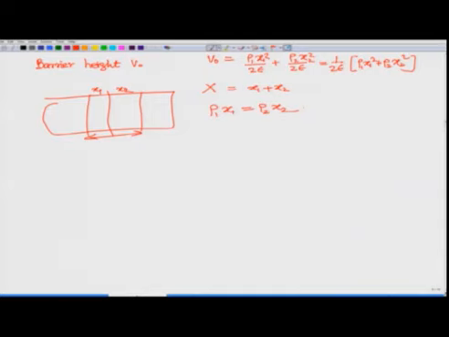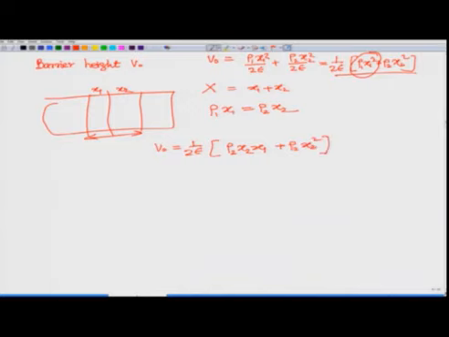From these three equations, eliminate x 1 and x 2 and see what happens. I can rewrite V naught as 1 over 2 epsilon, and let me write it in terms of rho 2. Since rho 1 x 1 is the same as rho 2 x 2, I write this term times x 1, and then I have rho 2 x 2 square.